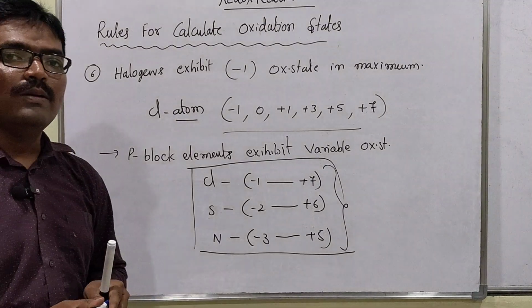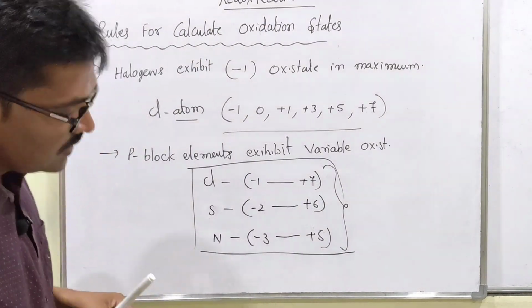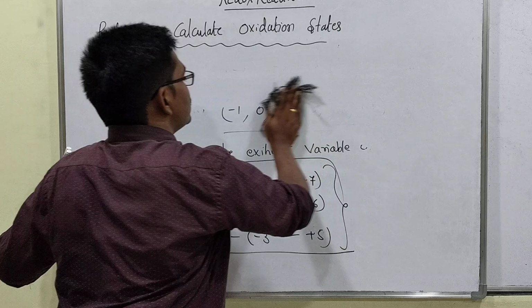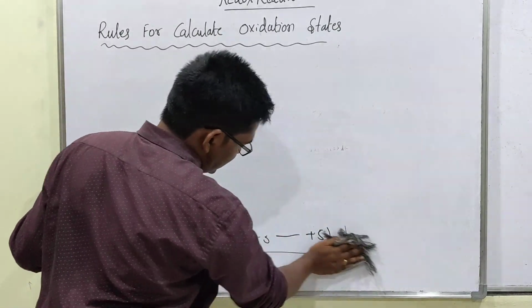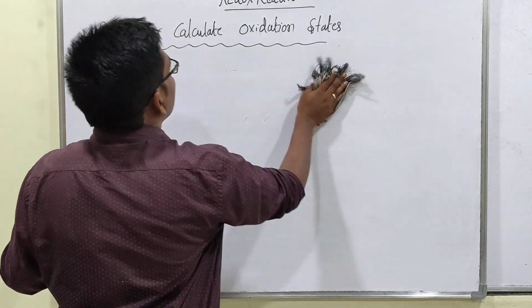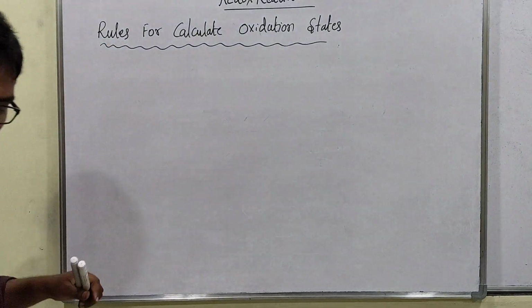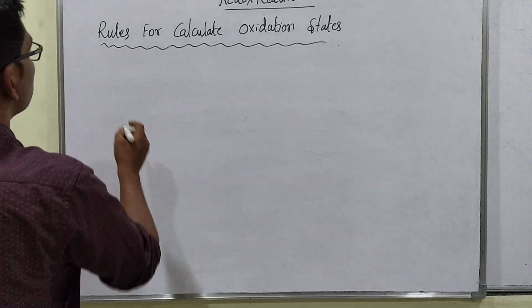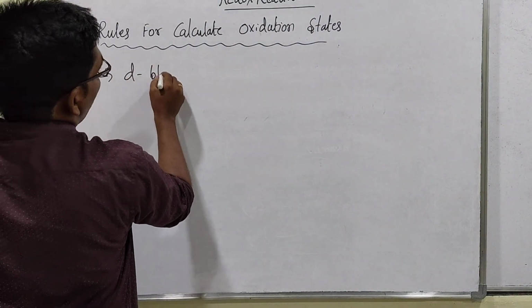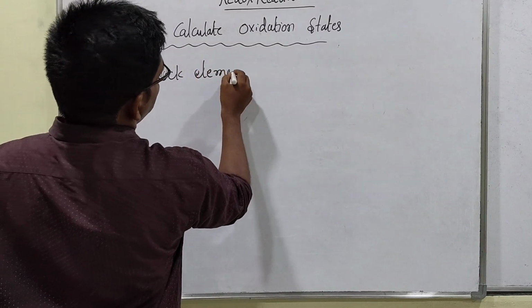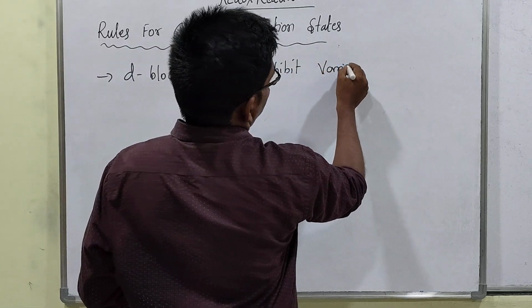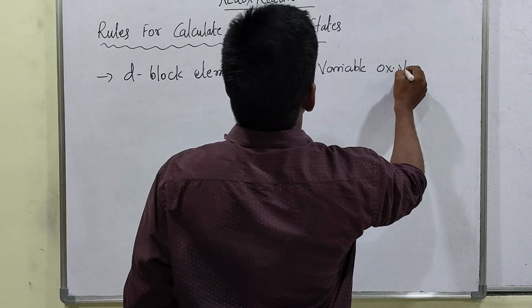Not only the p block elements, even the d block elements can exhibit variable oxidation states. For example, manganese can exhibit variable oxidation state. Chromium can exhibit variable oxidation state. Iron can exhibit variable oxidation state. So d block elements also exhibit variable oxidation states.